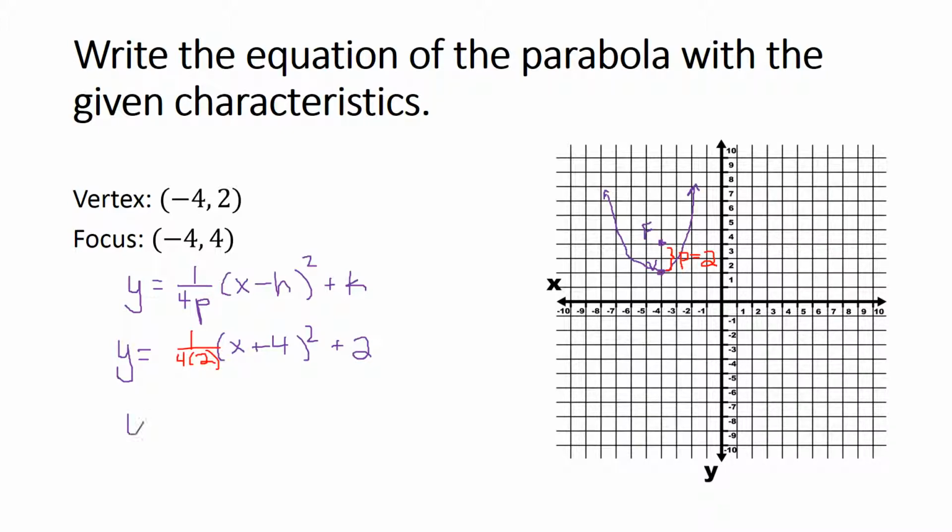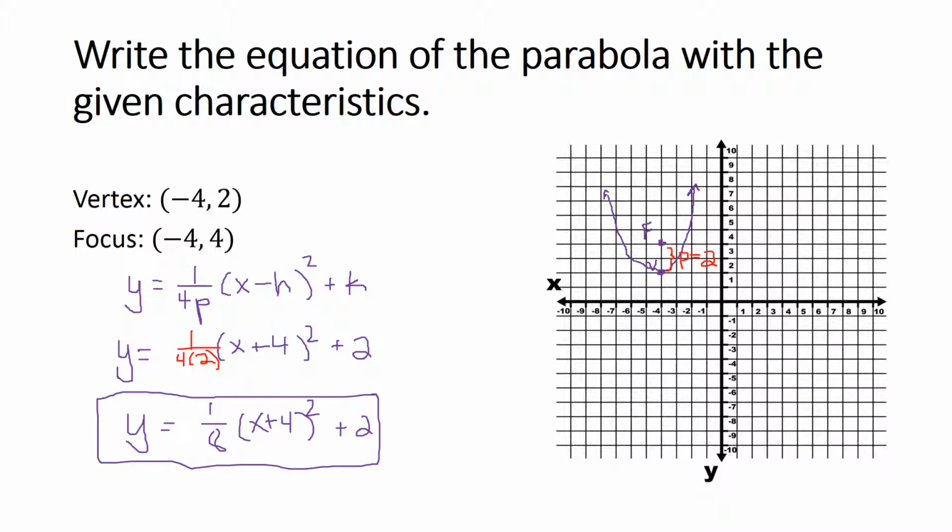I'm just going to plug that into the formula. So it's going to be 1 over 4 times 2. So my final equation is y equals 1 over 8 times x plus 4 squared plus 2.